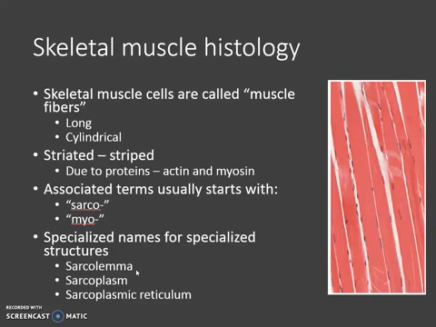So for example, the sarcolemma is just another name for the cell membrane, but it's the cell membrane of a skeletal muscle cell. The sarcoplasm is the cytoplasm of a skeletal muscle cell. And the sarcoplasmic reticulum, you could probably guess, is the endoplasmic reticulum of a skeletal muscle cell.